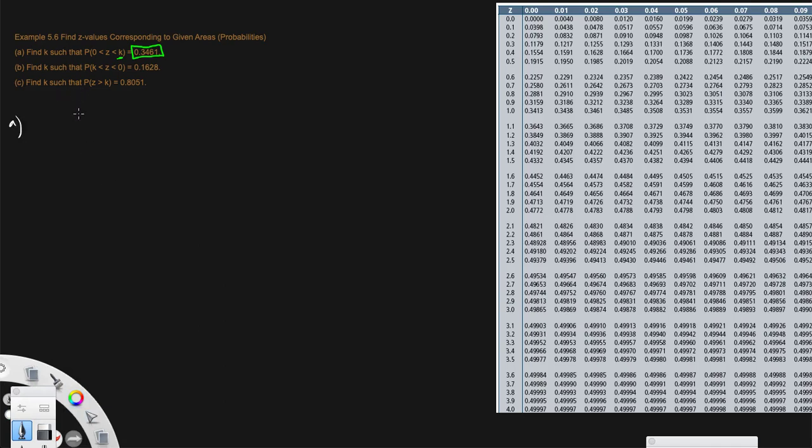So let's find k such that P of 0 less than Z less than k. Always a good idea to start by sketching, because you will have a clearer idea of what you're being asked for.